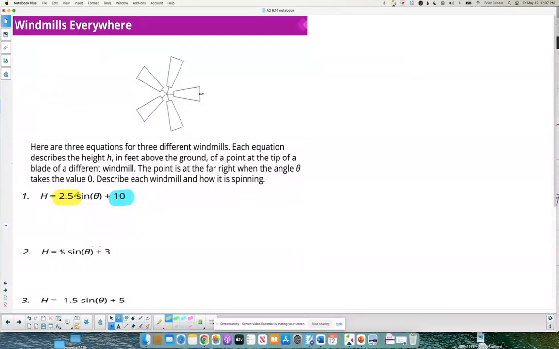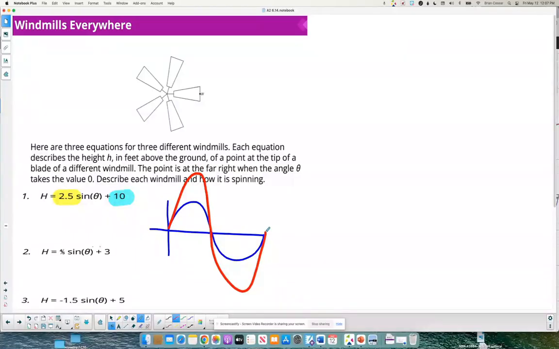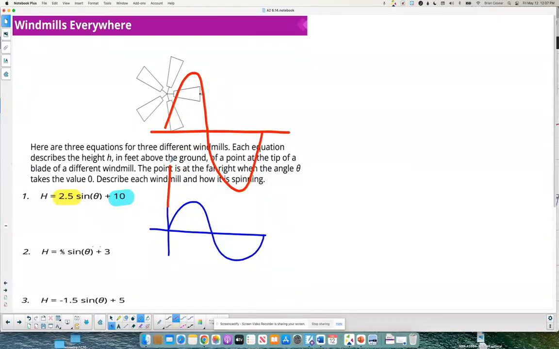So what's going to happen is your graph is going to, if this is my sine graph here, okay, everything's going to shift up, and then it's also going to get wider, or get a bigger amplitude. So it's going to change the amplitude and then shift up. The midline is going to be up here at 10, somewhere around there, okay?